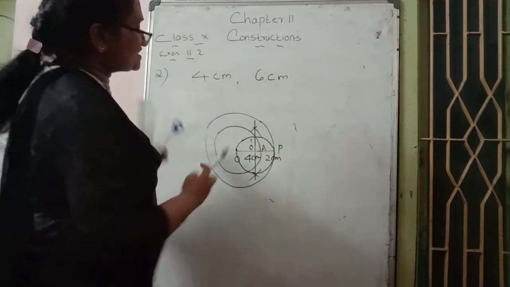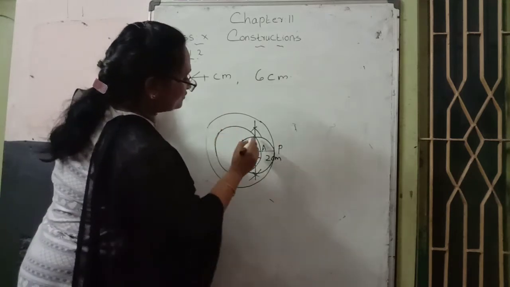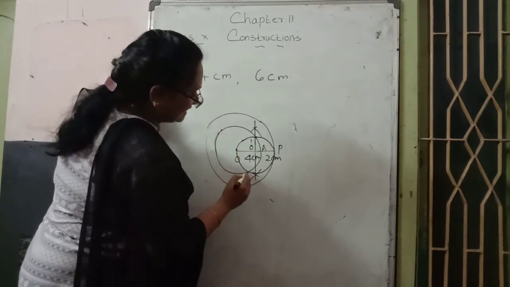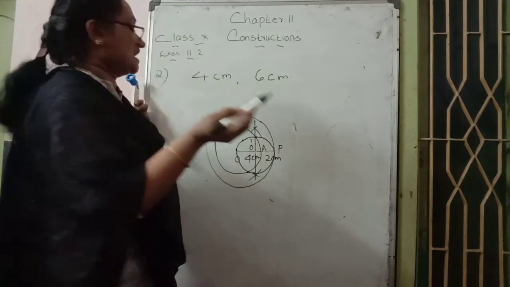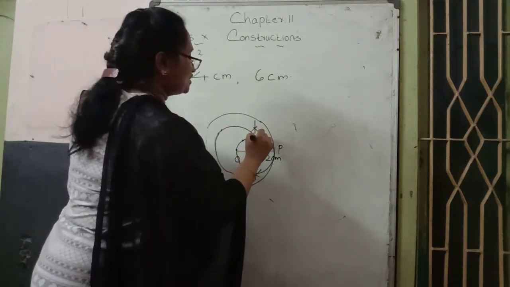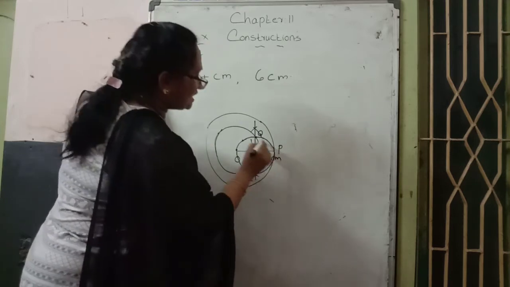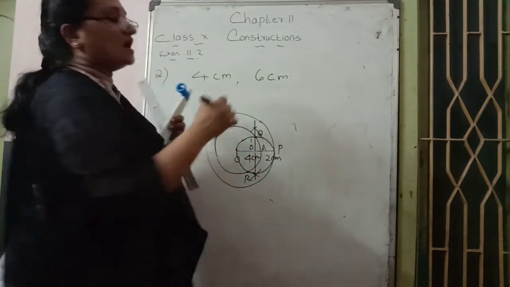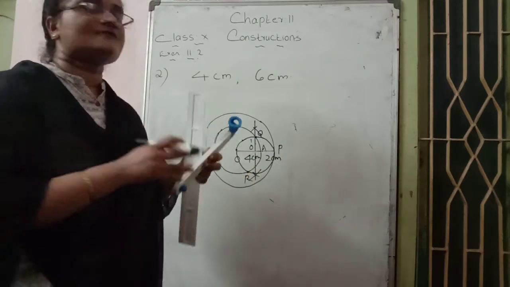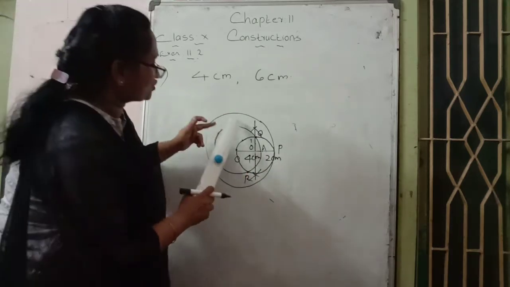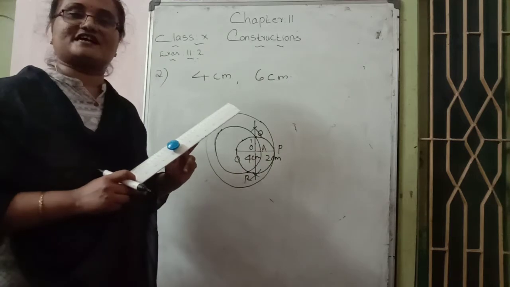Then see where the first circle and third circle are intersecting, here and here. That point you can give any alphabet. P is already completed, so Q and R. Joining P to Q and P to R, we get the tangents. That's all. With respect to the first circle, P is the outside point.